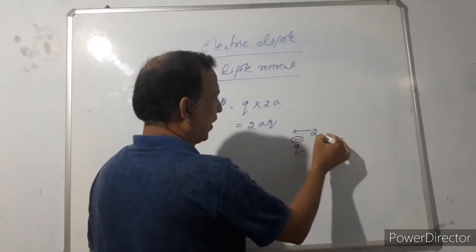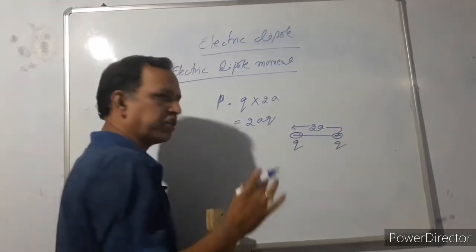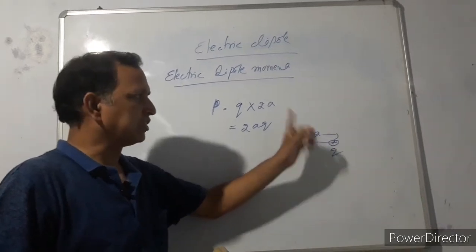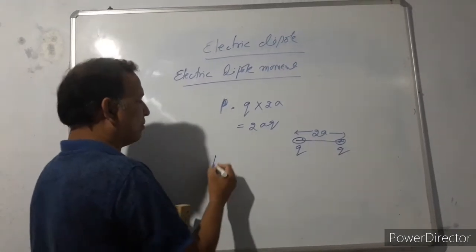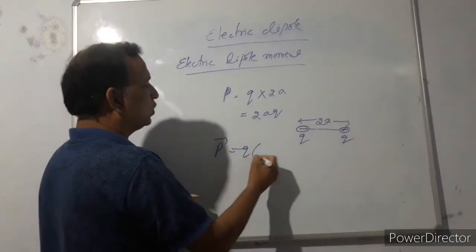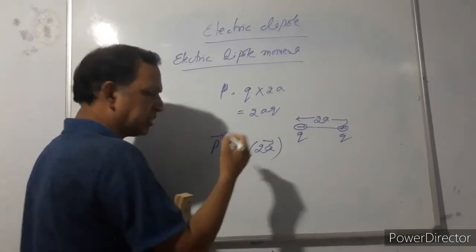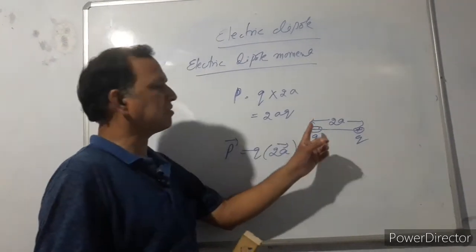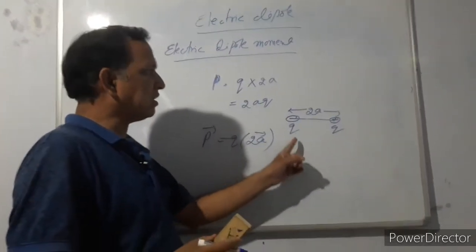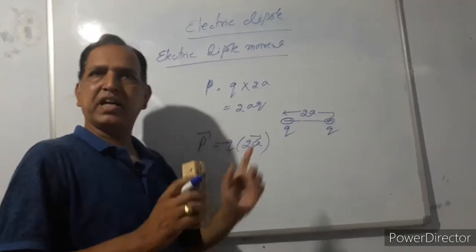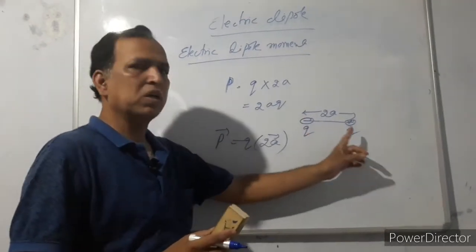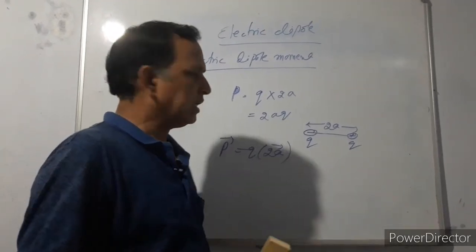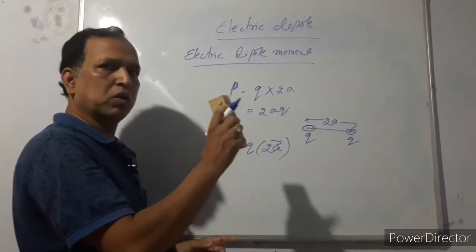The distance 2a is a very short distance, so this is the displacement. Displacement means it is a vector, so q into displacement. By convention in physics, the dipole moment is directed from negative to positive. Clear? So this is the dipole moment.